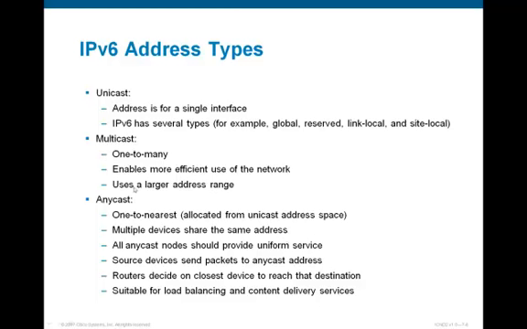So in IPv6 we still have the idea of a unicast address, whereby a single IPv6 address is meant for a single interface or host, and we have the IPv6 multicast address, whereby a single IPv6 address is meant for a group of users.